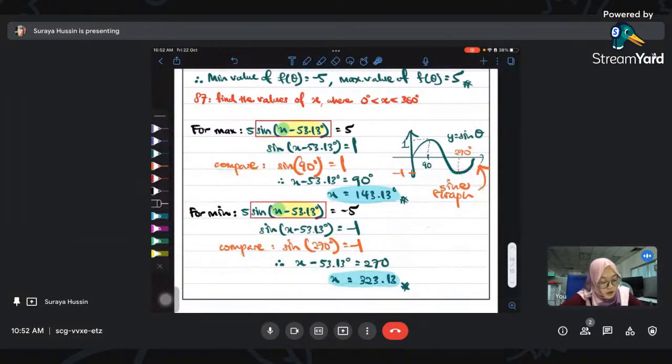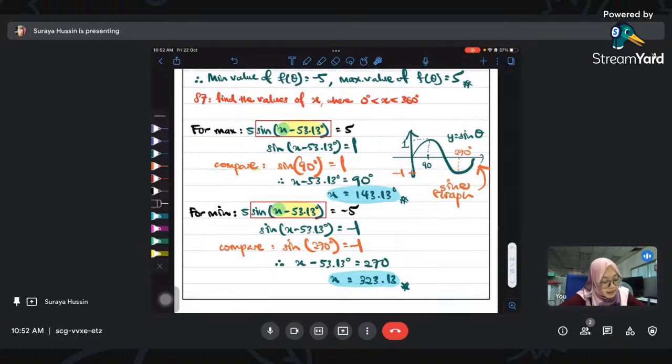If your linear here is sine, you should compare it with the sine graph. Kalau linear kamu cos, you should compare it with the cos graph. So kena pandai lukis graph, barulah boleh compare.